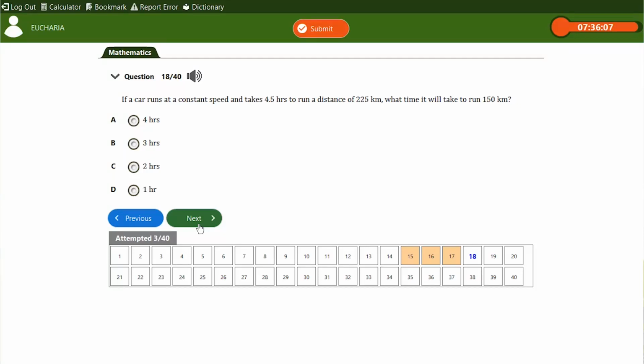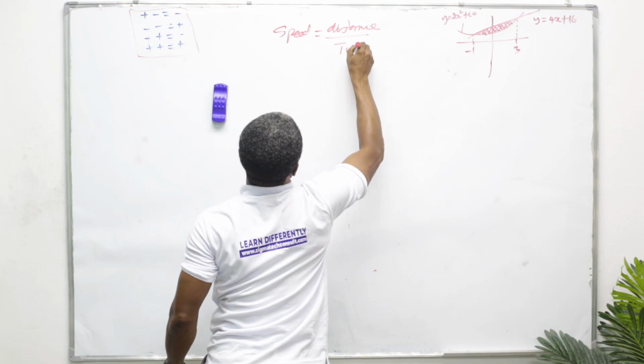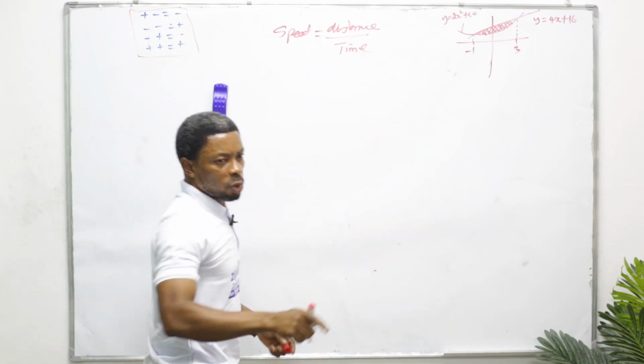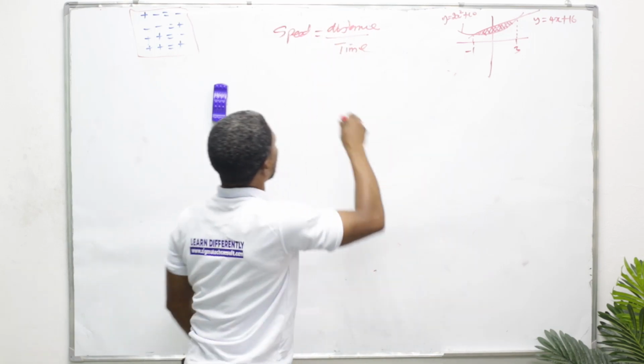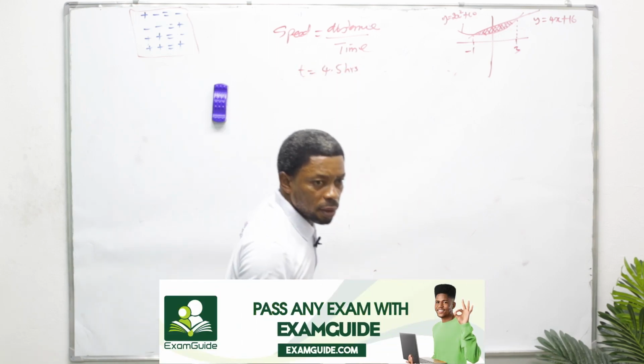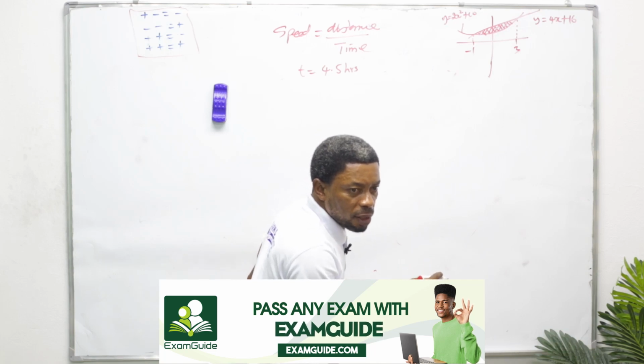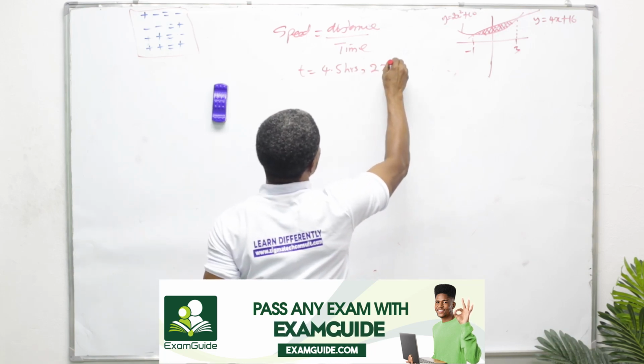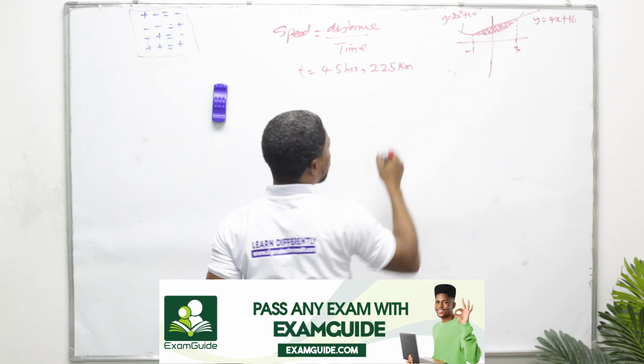Now, if a car runs at a constant speed and takes 4.5 hours, a car runs this. Now, you should know the formula for speed: distance all over time. This is what we are going to use. So from this question, we are given time t to be 4.5 hours, and we're also given the first distance was 225 kilometers.